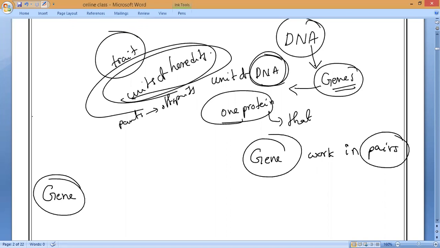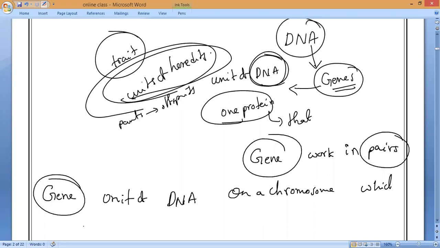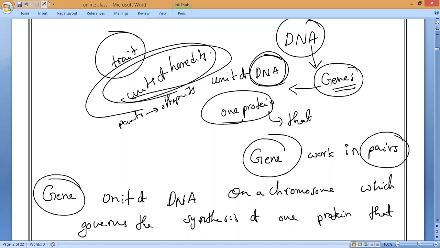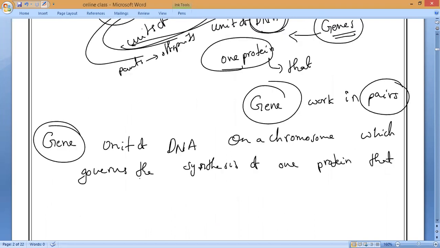A gene is a unit of DNA on a chromosome which governs the synthesis of one protein that controls a specific character.